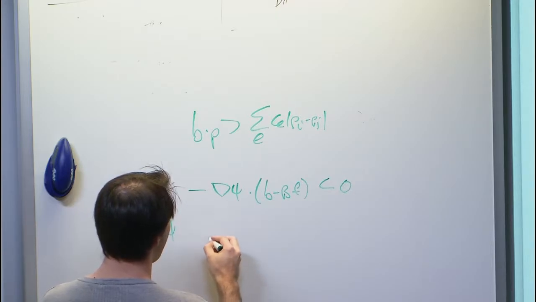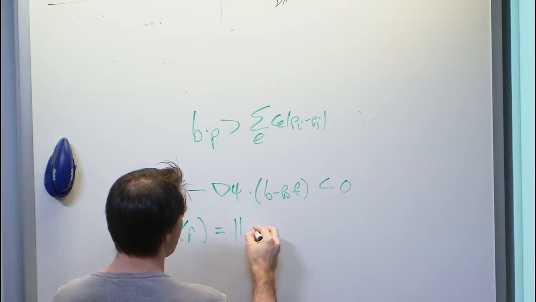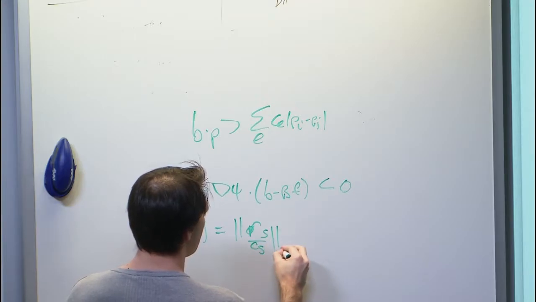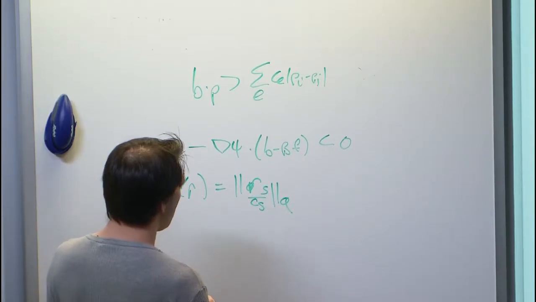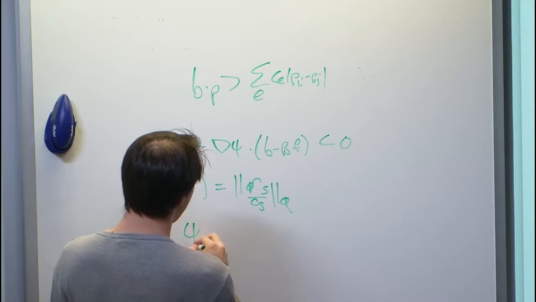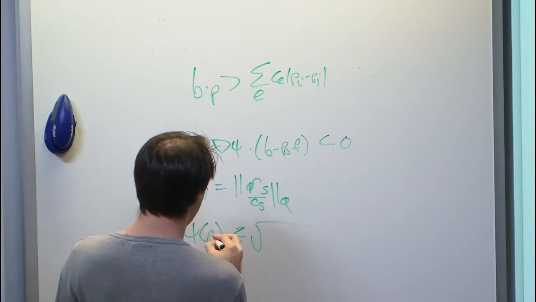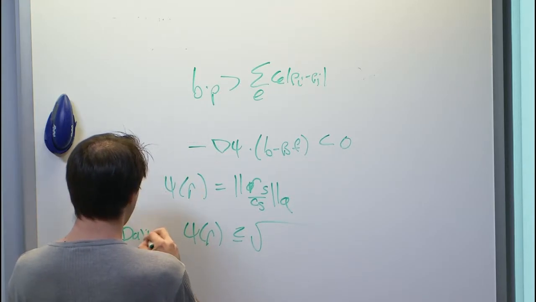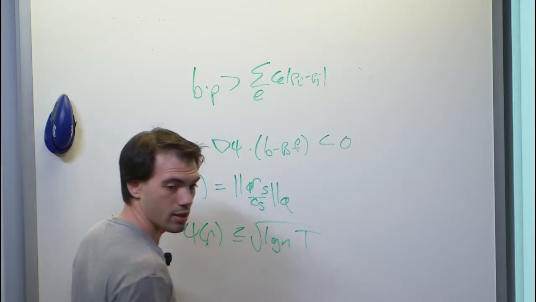If psi of r is the q norm of r_e over c_e, then on day t, this is less than or equal to square root of log n times t.